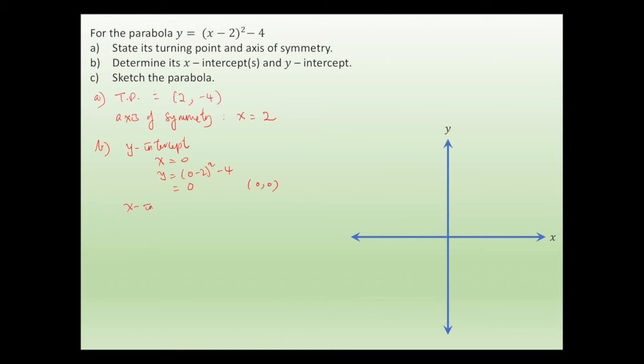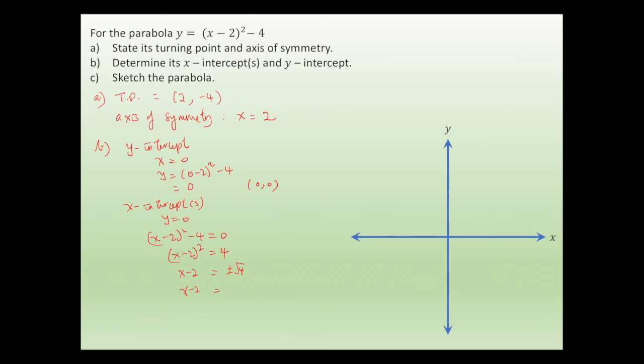Then the x-intercept. Bear in mind that you could have 1, 2, or no x-intercept. So let's have a look. This is when y equals 0. Therefore, x minus 2 all squared minus 4 equals 0. So x minus 2 all squared equals 4. x minus 2 equals plus or minus the square root of 4.